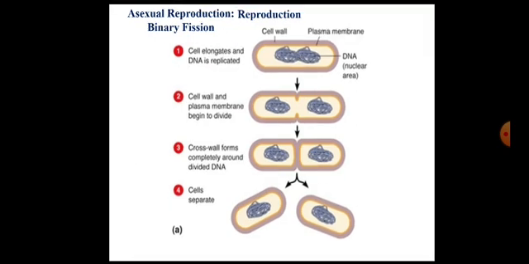Another way of asexual reproduction that is not general is fragmentation. Fragmentation is seen in case of photosynthetic bacteria.